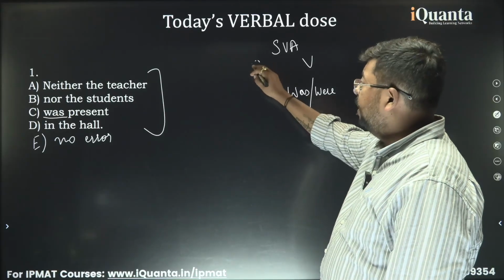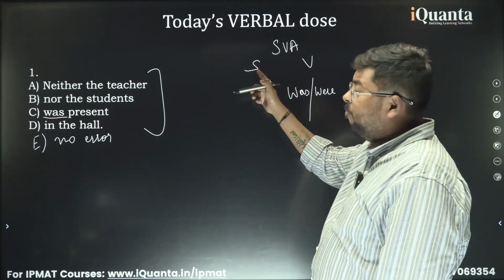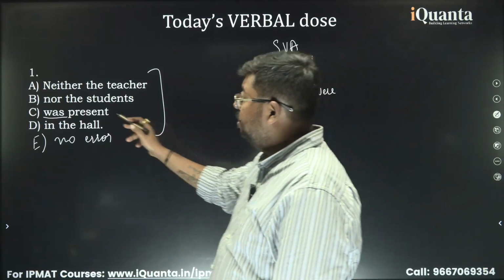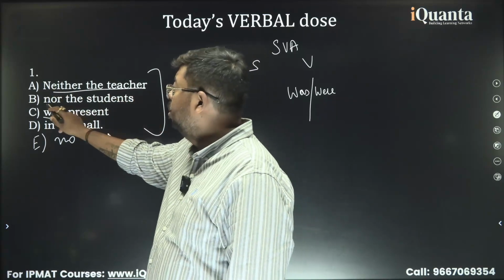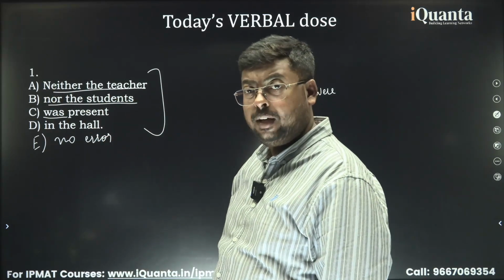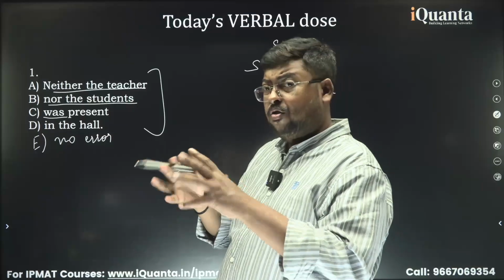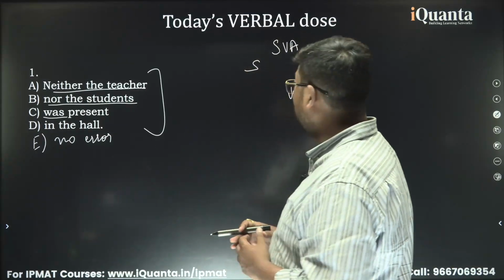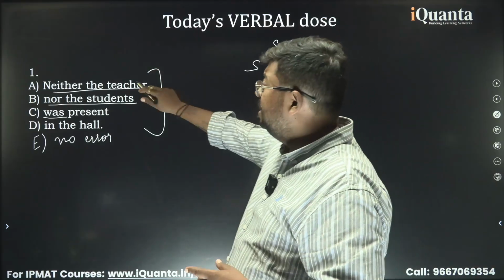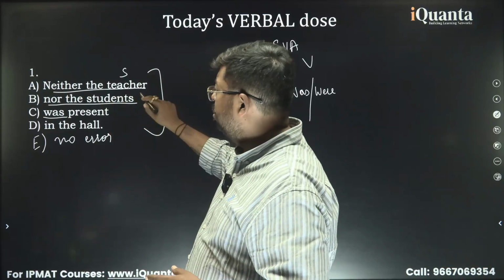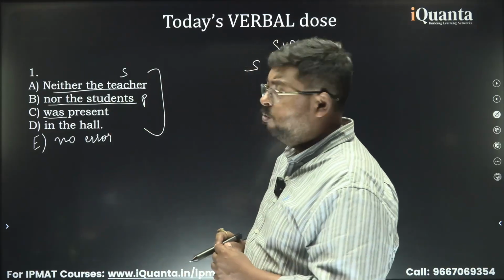Now I need to check its subject. When I saw the subject for this was, it was written as neither the teacher nor the students. Which means it's a complex structure, and we need to see how it goes about. Because the teacher is singular, and students is plural. So which one would I follow?